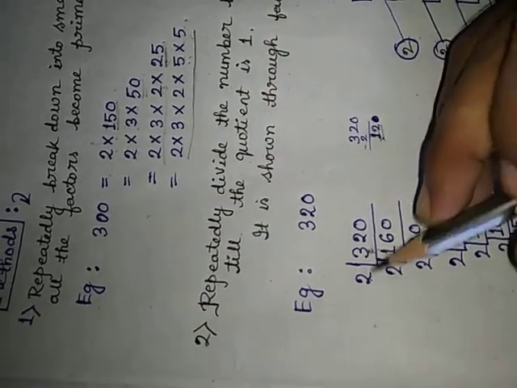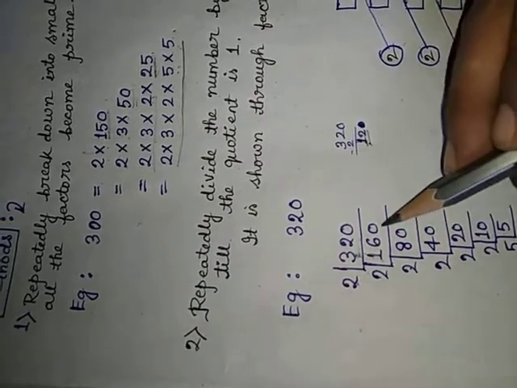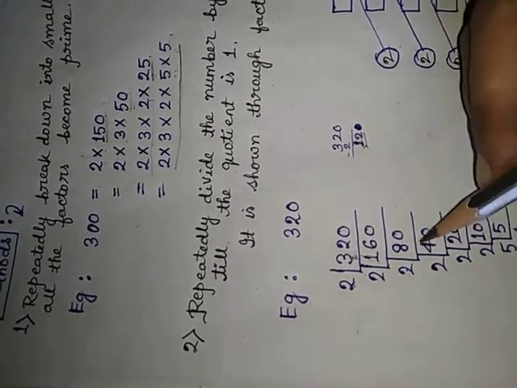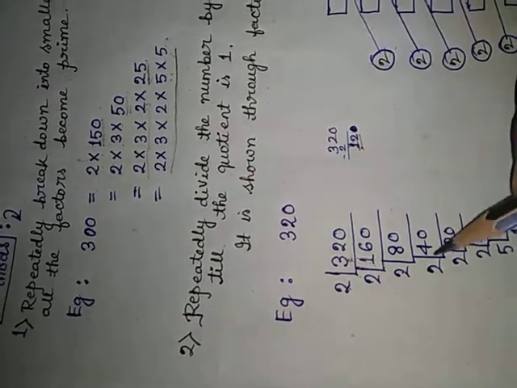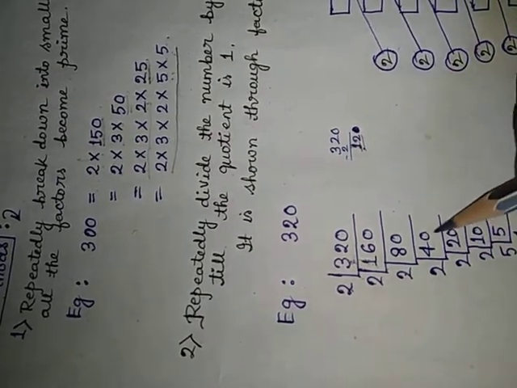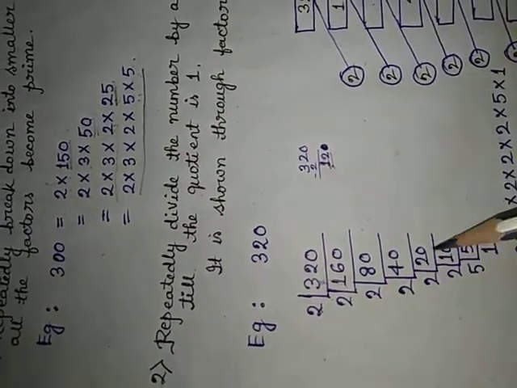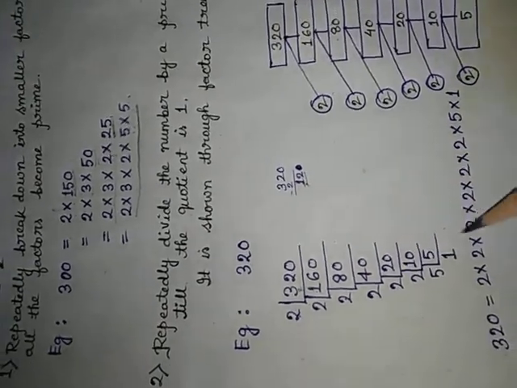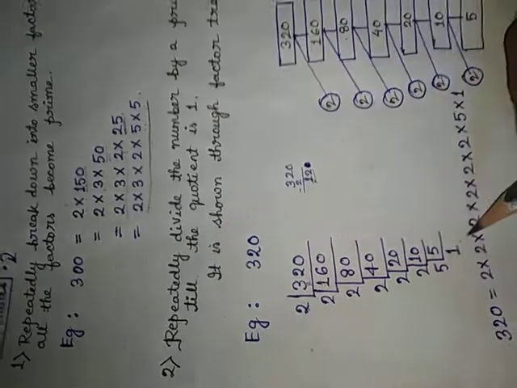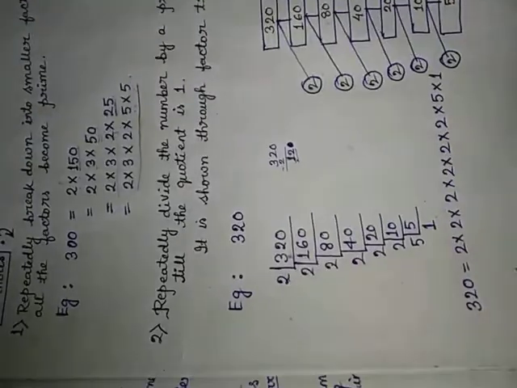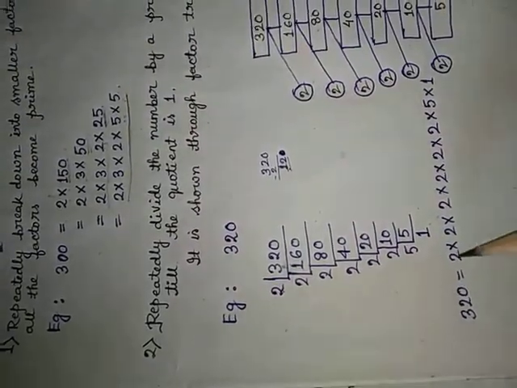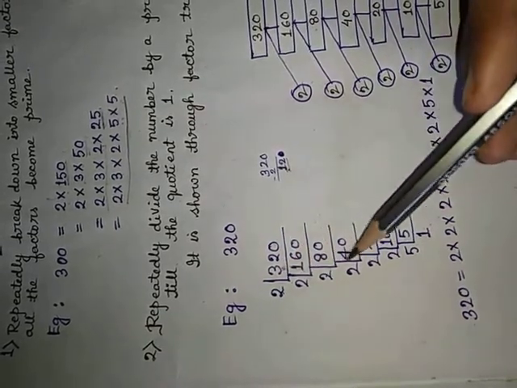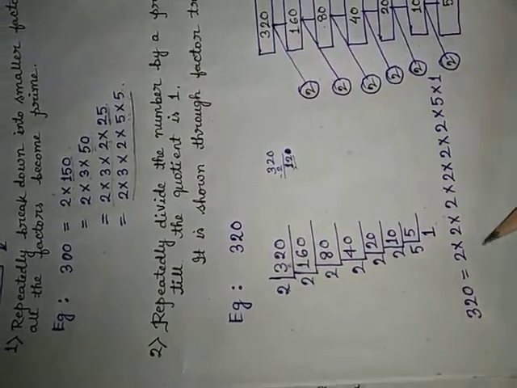Complete, 0. 2 8s are 16. 2 4s are 8. 2 2s are 4. 2 10s are 20. 2 5s are 10. 5 1s are 5. So until the quotient is 1, we have to divide it by prime numbers. And at last we write it this way: 320 equals 2 into 2 into 2 into 2 into 2 into 2 into 5 into 1.